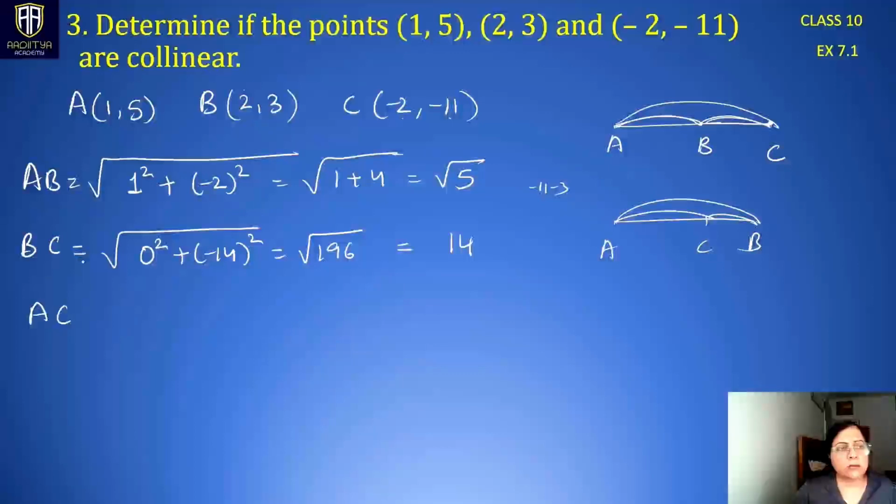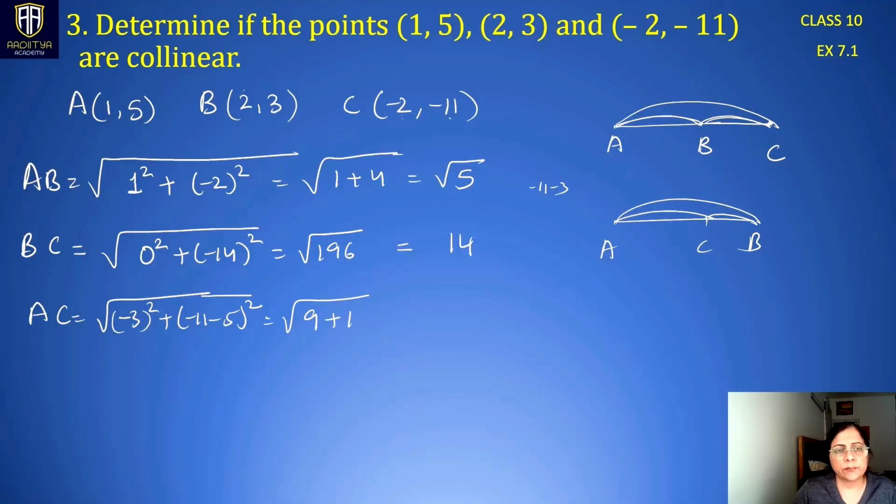Then we have AC or CA. You can find it anyway. AC: minus 2 minus 1 is minus 3 whole square. Minus 11 minus 5 whole square. So this is 9. Minus 11 minus 5 is minus 16 squared.